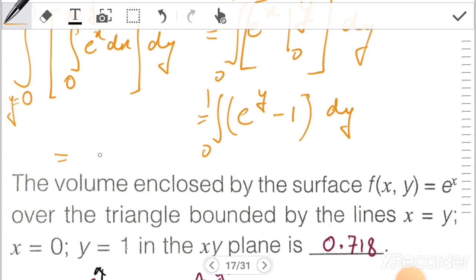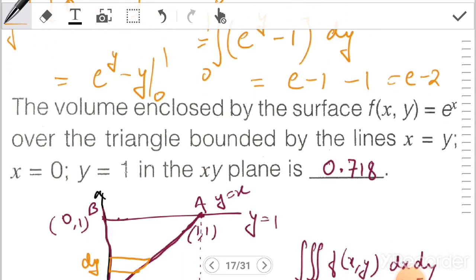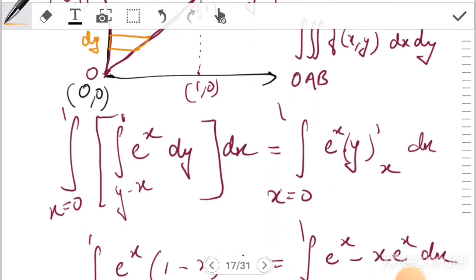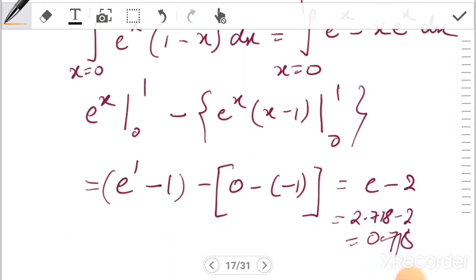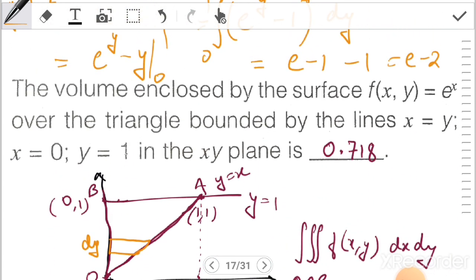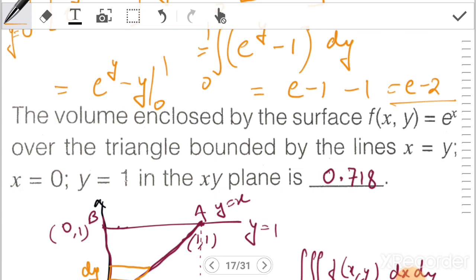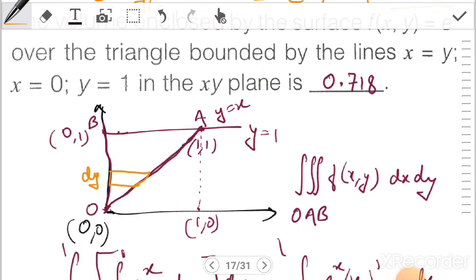So again e raised to the power y minus y, from 0 to 1, which will be equal to e minus 1 minus 1, which is e minus 2 again. So whichever way you choose, either horizontal strip or vertical strip, you will get the same answer, right? Okay, so let's go to the next problem.